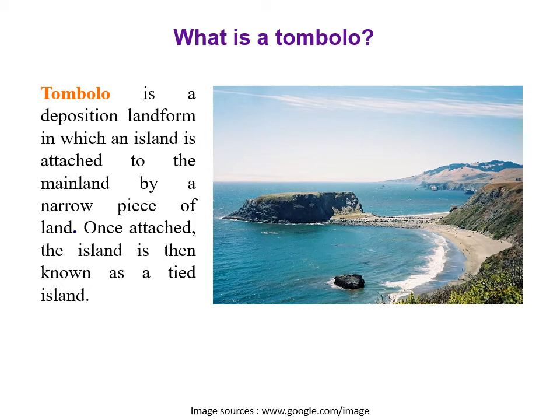So this portion is basically a spit which mainly forms due to the longshore current, and here the longshore current faces some kind of restriction because of a slightly elevated portion, and due to this elevated portion deposition occurs here, and that deposition connects the mainland with this island mass. So when this type of connection occurs from the mainland to the island due to this spit, it is known as a tombolo.